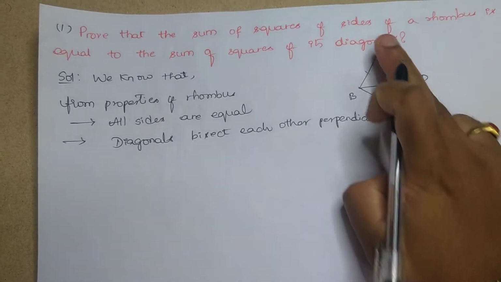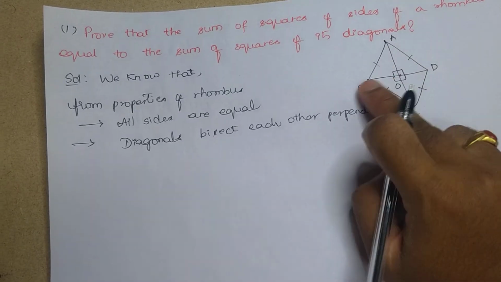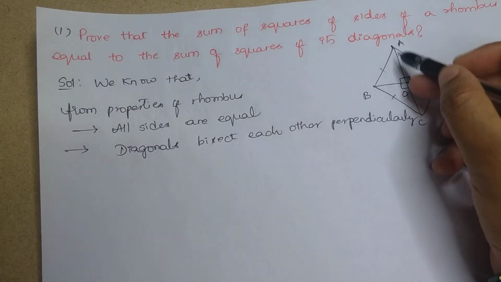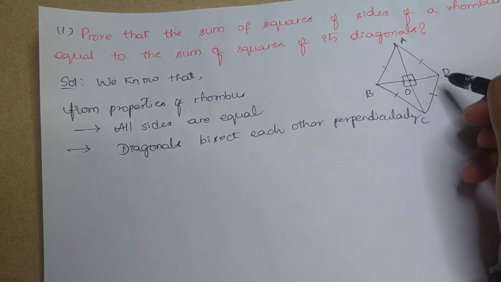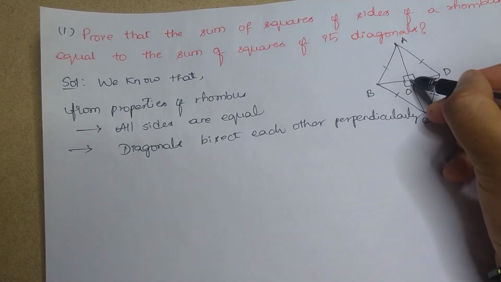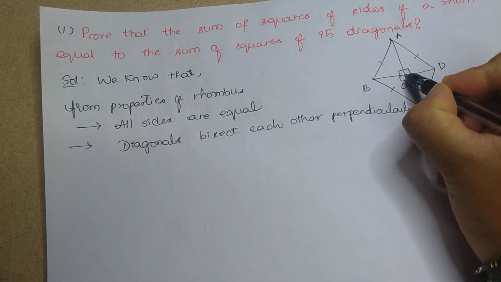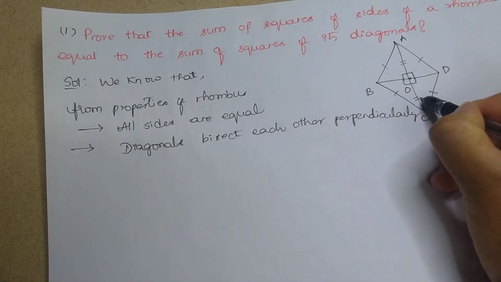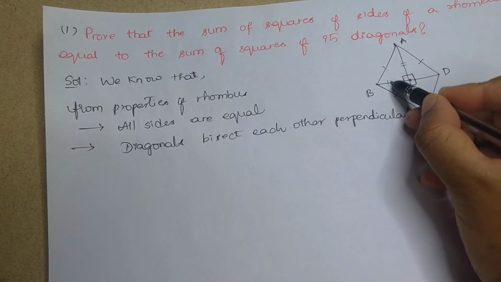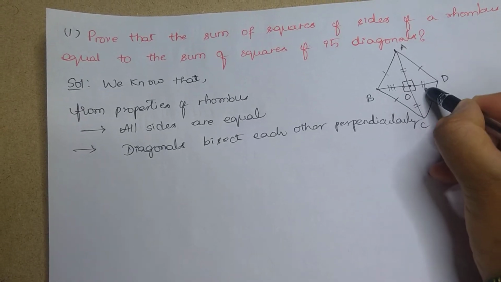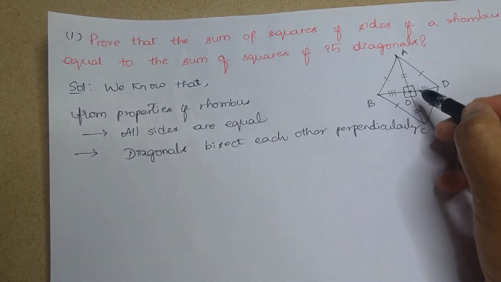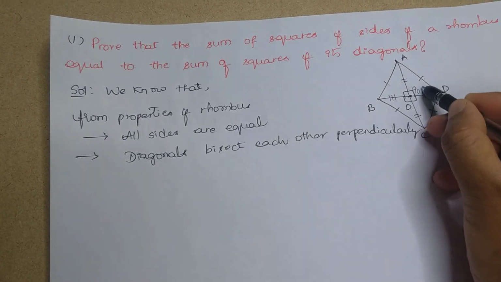It means that diagonals AC and BD intersect each other at point O such that AO equals OC and BO equals OD, and here the angle formed at the intersection will be 90 degrees.